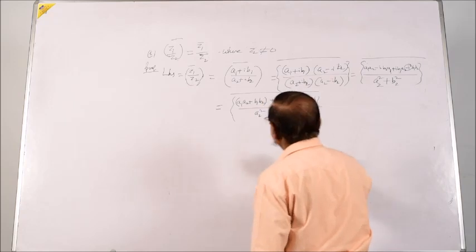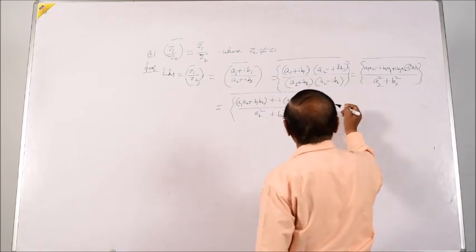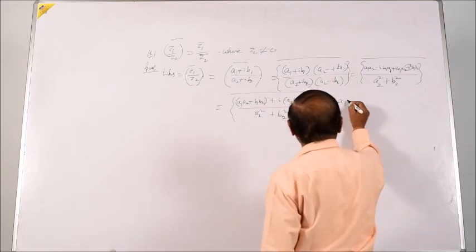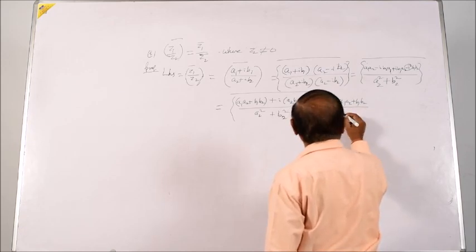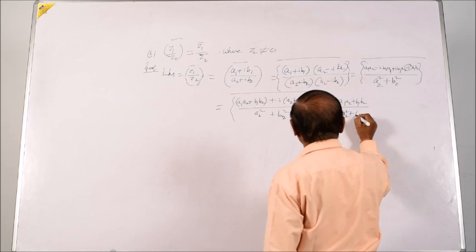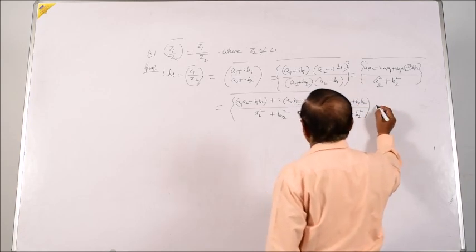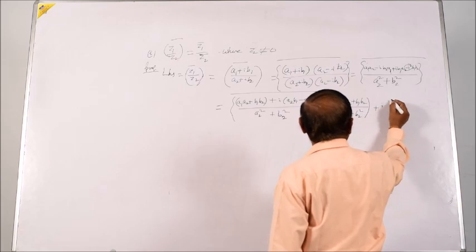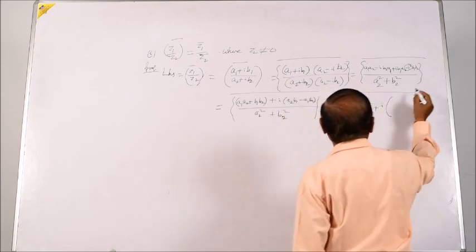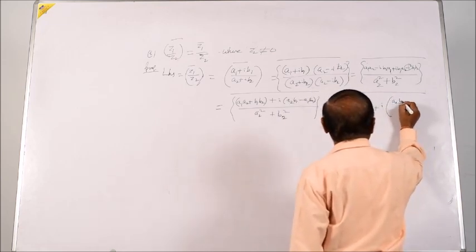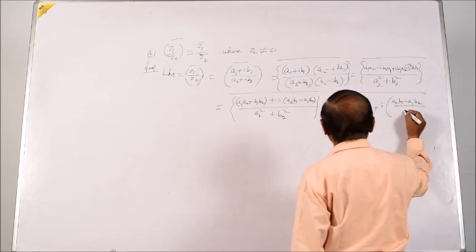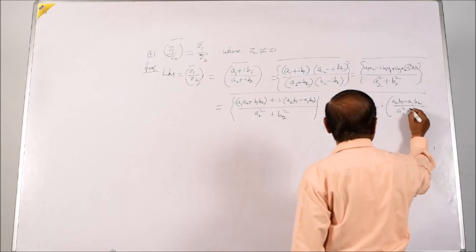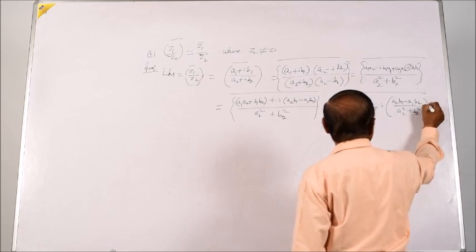After simplifying, we will find the conjugate. Now you see, a1 a2 plus b1 b2 by a2 square plus b2 square, plus i into a2 b1 minus a1 b2 by a2 square plus b2 square, its conjugate.